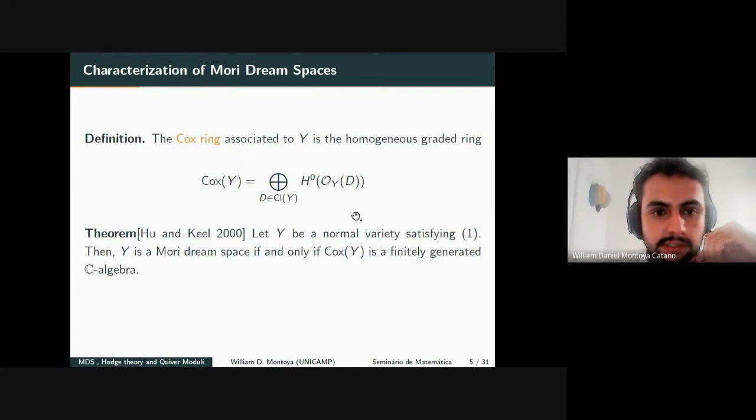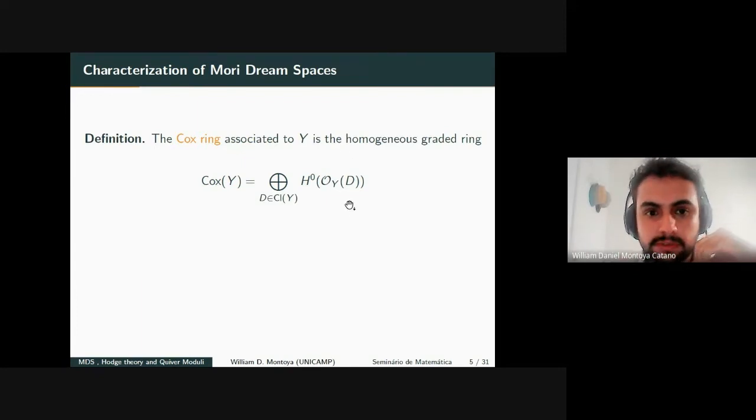Let me talk more about this ring. This is the class group. Here you allow not only Cartier divisors but also Weil divisors, and you consider all the global sections of all divisors, and you sum them somehow. This is the direct sum running over the class group.